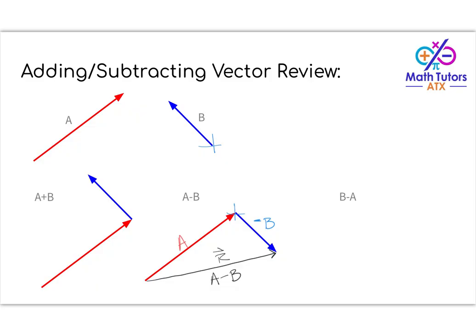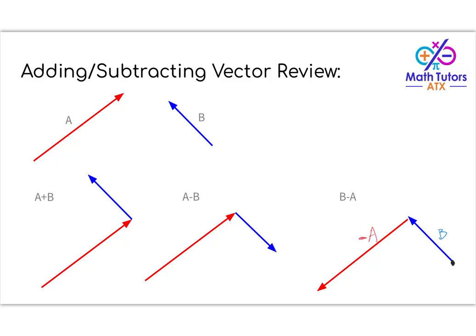And then, of course, the last one, let's look at B minus A. And here you would start with B. So I'm starting here, and this is a positive B this way. But then notice how I'm going a negative A. And so my resultant, oops, that does not match up. There we go, much better. So that would be my resultant of B minus A. Notice that it actually is the same length as A minus B, except the opposite direction.